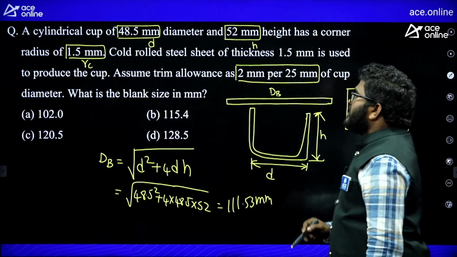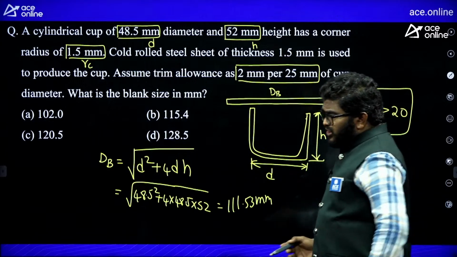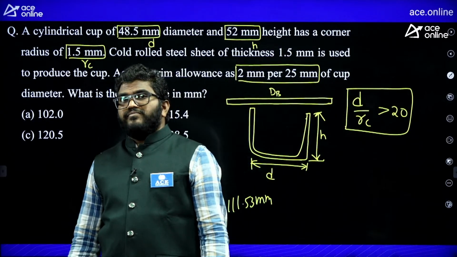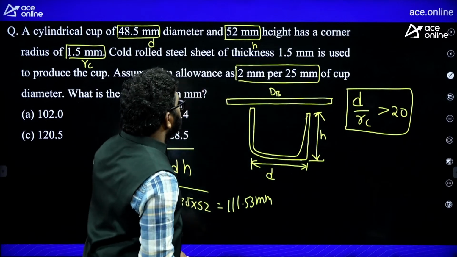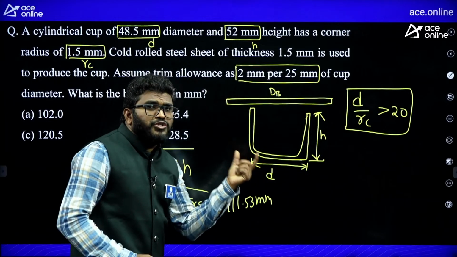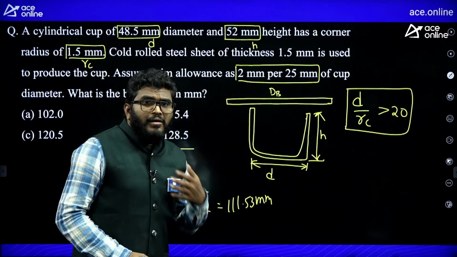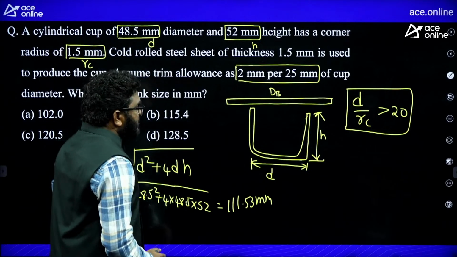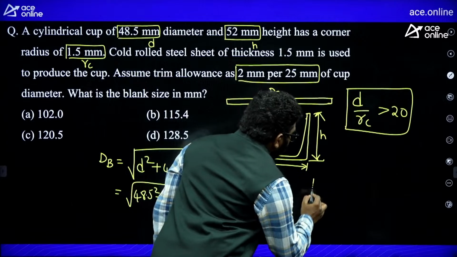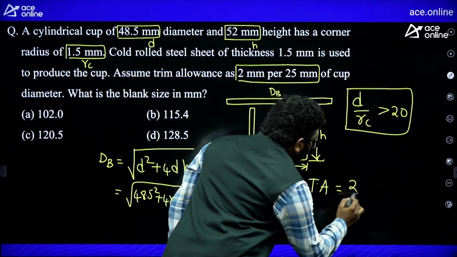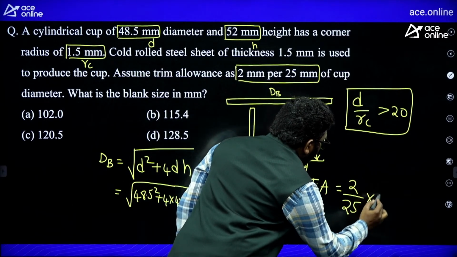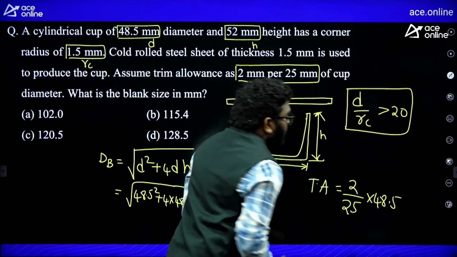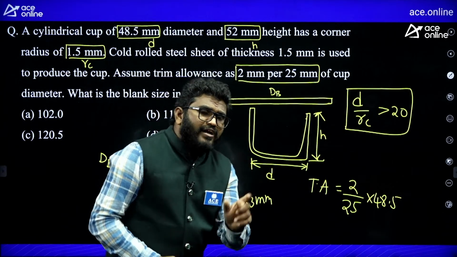Because in the question trimming allowance is also given, you should add the trimming allowance also. 2 mm trimming allowance you should provide for a 25 mm diameter cup. But we have a cup diameter of 48.5. So trimming allowance is equal to 2 by 25 into 48.5, since for a 25 mm diameter cup the allowance is 2 mm.